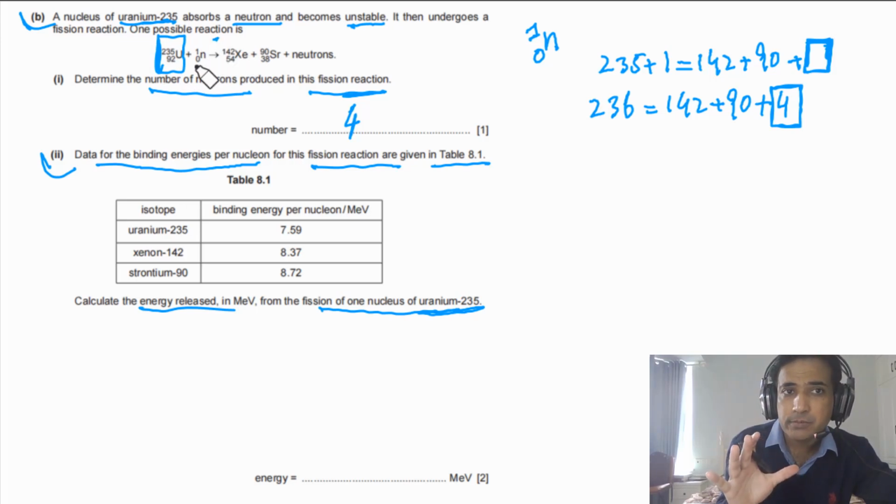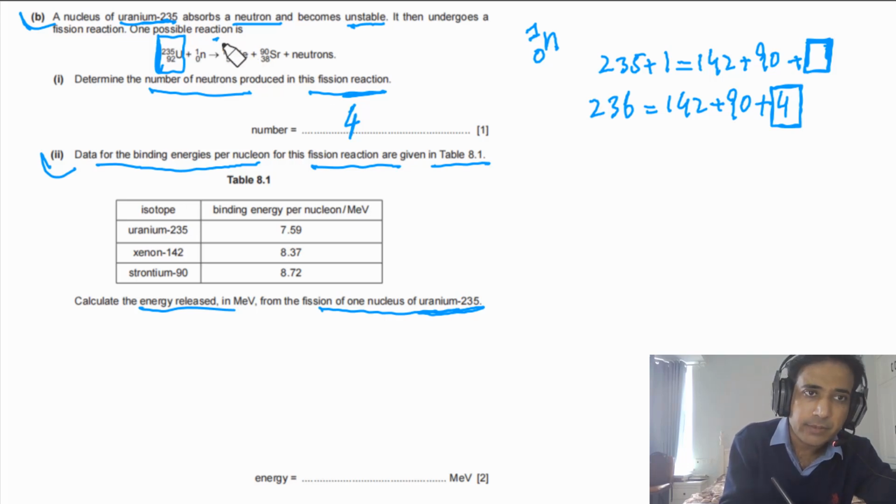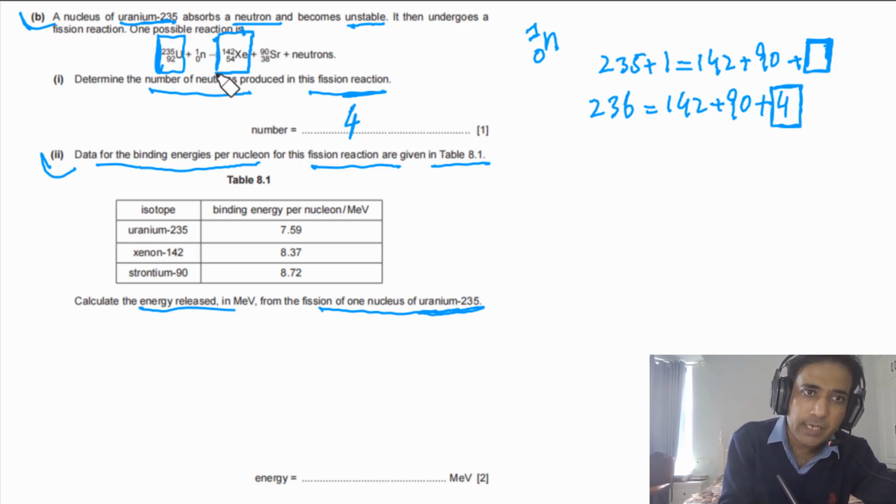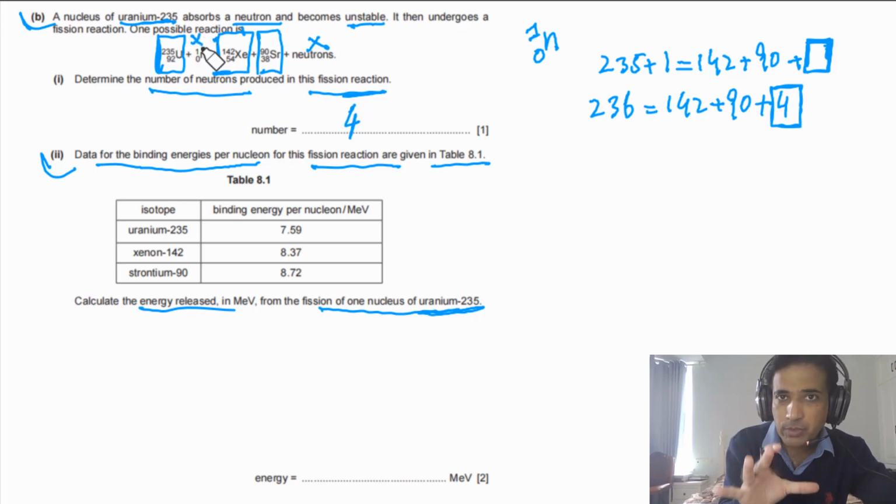Individual particles like neutrons do not have binding energy attached to them because they are not in a nucleus. The same goes for these individual neutrons on the product side, so no binding energy. You have to be very clear about this.